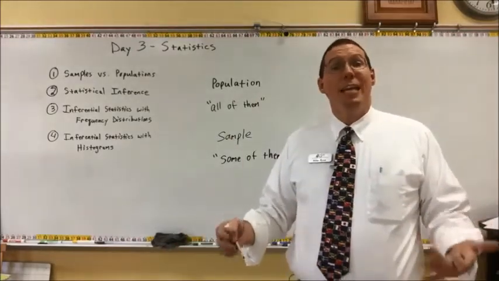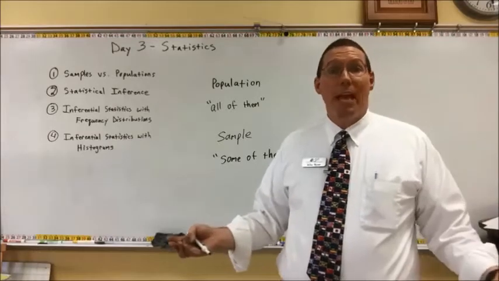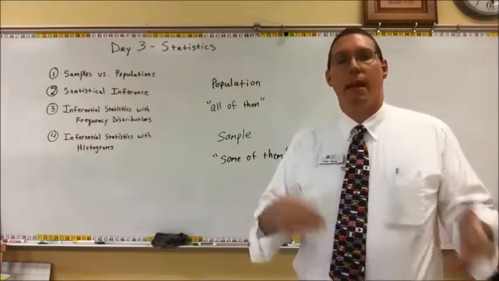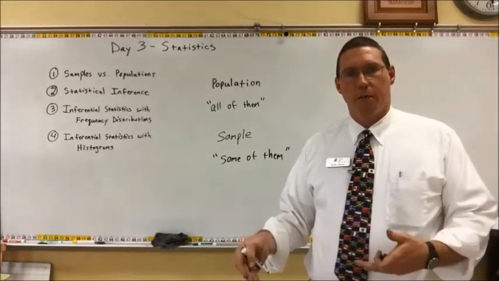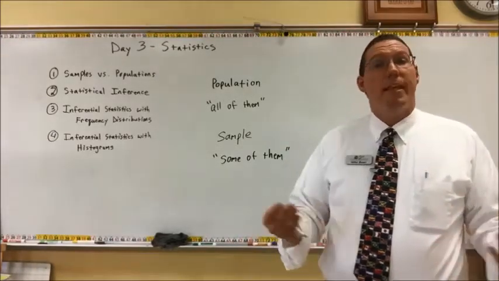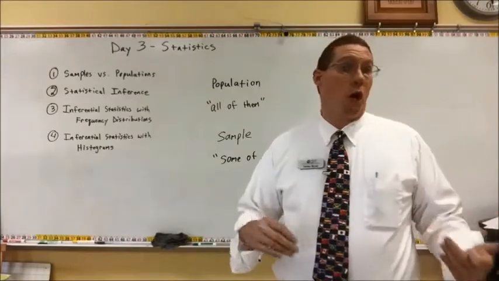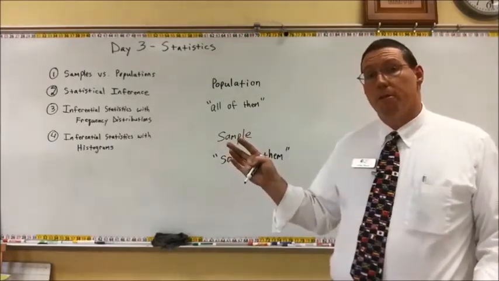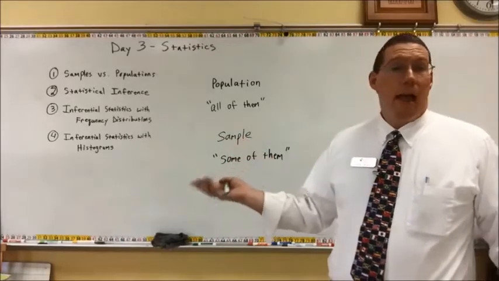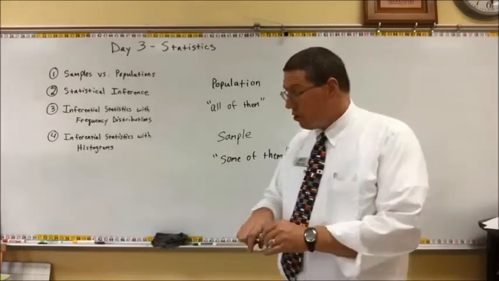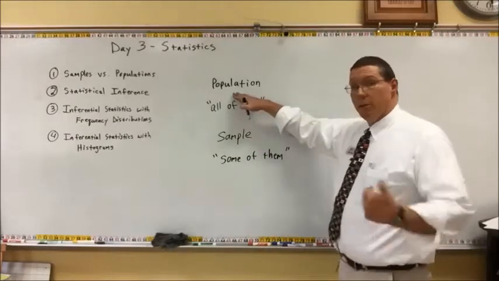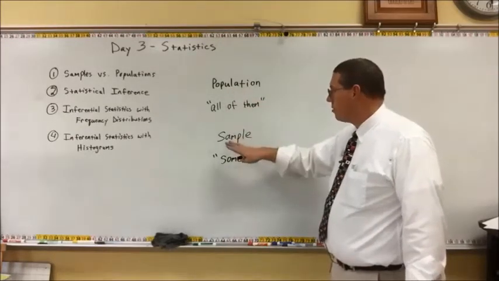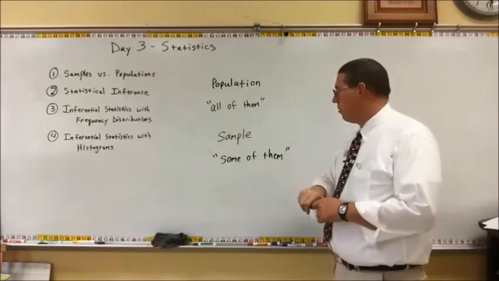But if you eat all of them, then there won't be any left to sell. Therefore, it makes more sense to take a sample of the chocolates, eat those, and then you can infer or assume that the rest of the chocolates that were produced in the same place and at the same time have the same taste, okay? So what we do in statistics is we draw conclusions about populations based on samples, okay?